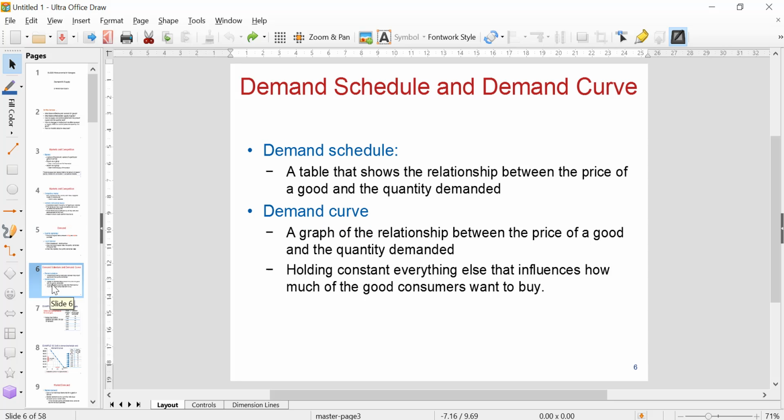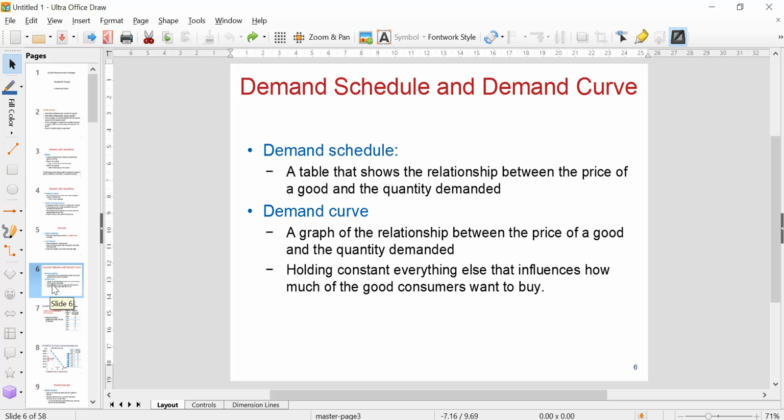Now we usually do demand analysis using a demand schedule and a demand graph. A demand schedule shows the relationship between the price of a good and the quantity demanded. So it shows how much quantity of a product is demanded given the price. And the demand curve is just a plot of that demand schedule.